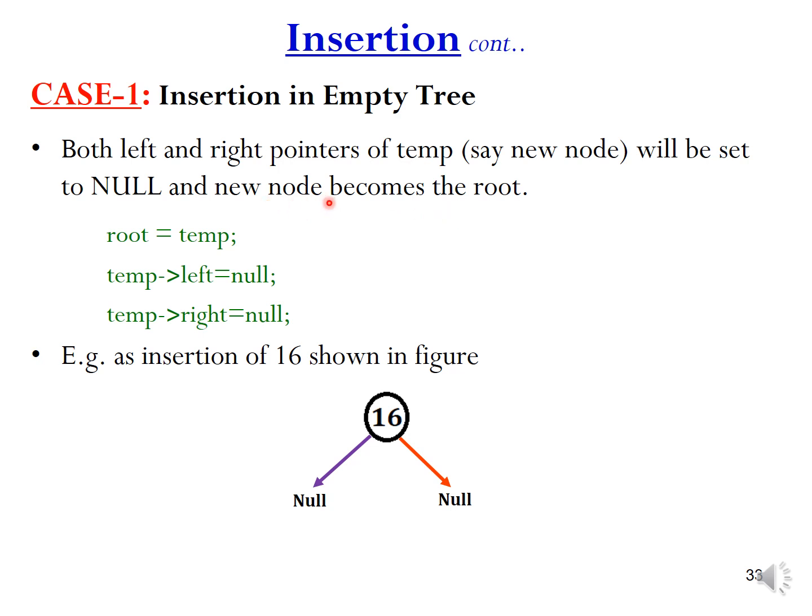The root is assigned temp, and temp left is null, temp right is also null. For example, insertion of 16, as shown in the figure: this is the newly inserted node, the only node, so the left pointer is null and the right pointer is also null. So this is the first case.